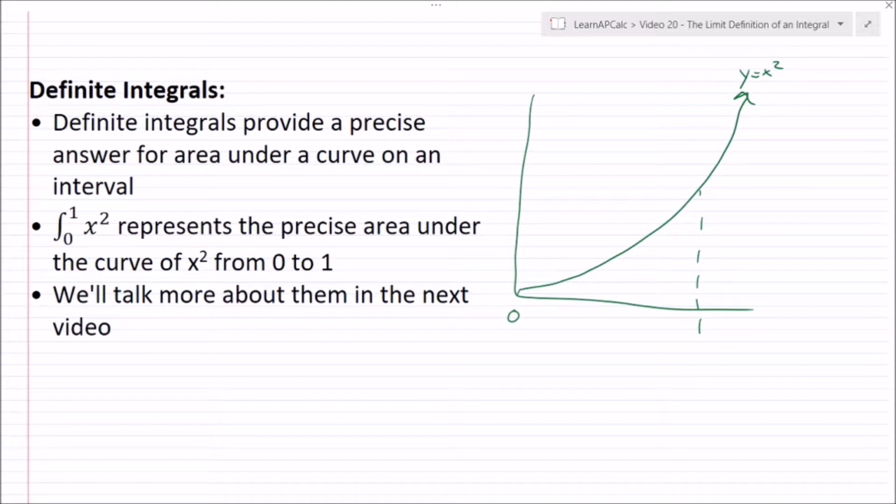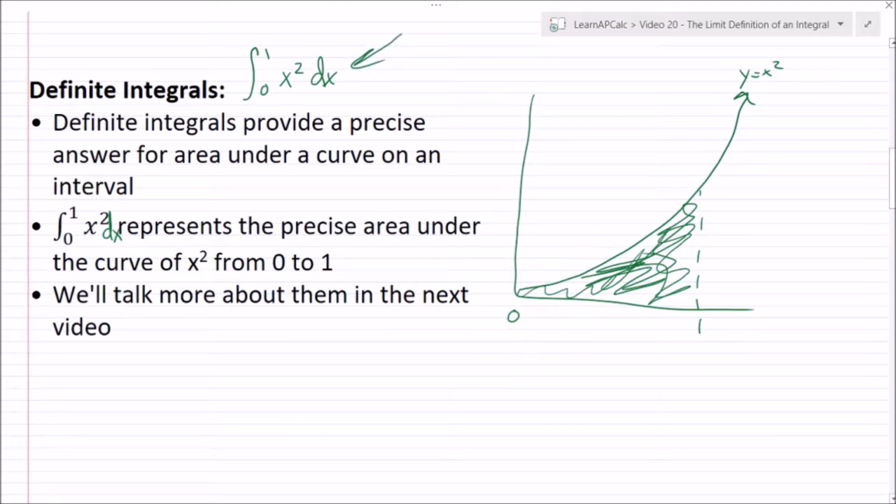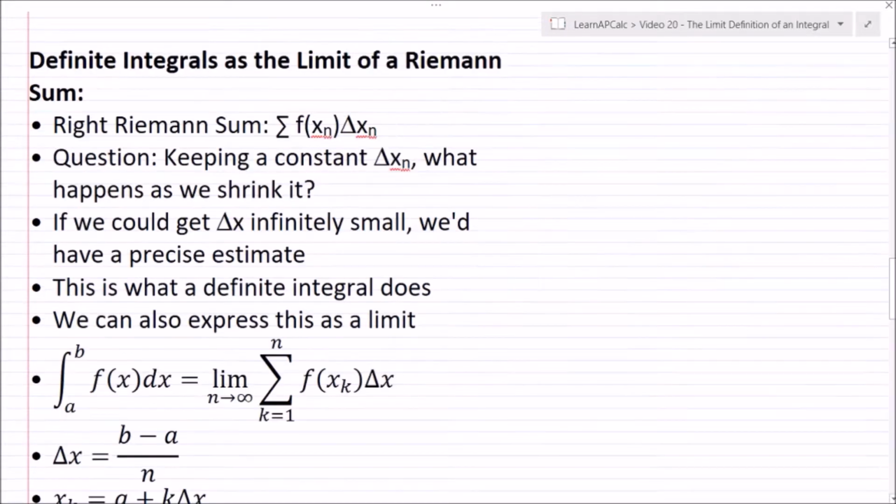But to get a precise estimate, I can actually just take the definite integral from 0 to 1, and this will give me the exact area under the curve. We'll talk about how to evaluate something like this and why this is the case later, but just know that that's what this represents. Alright, so as you might have guessed, a definite integral can also be written as the limit of a Riemann sum.